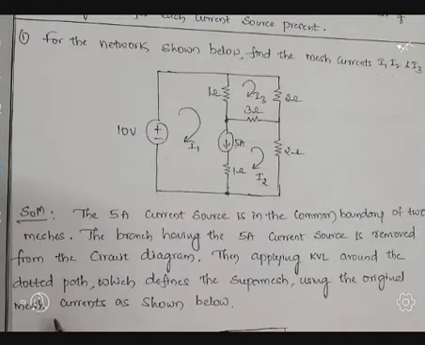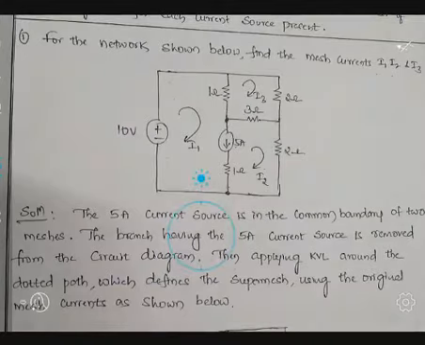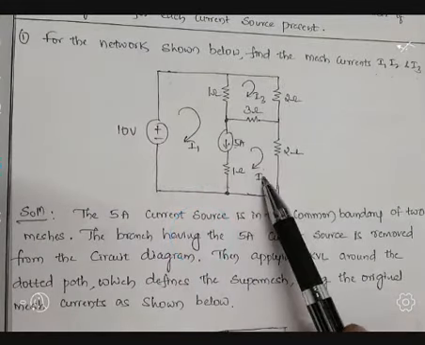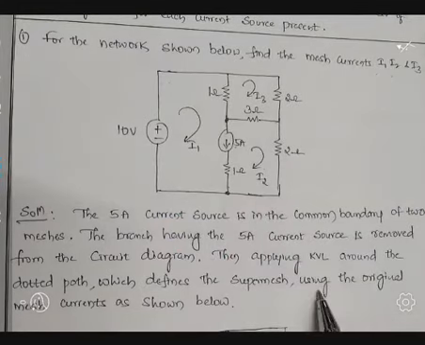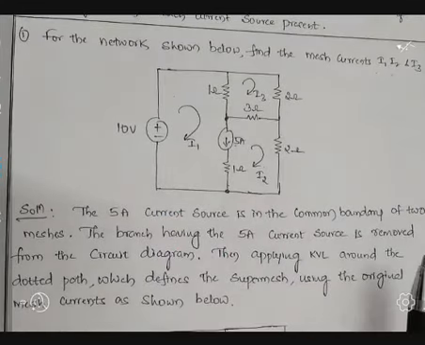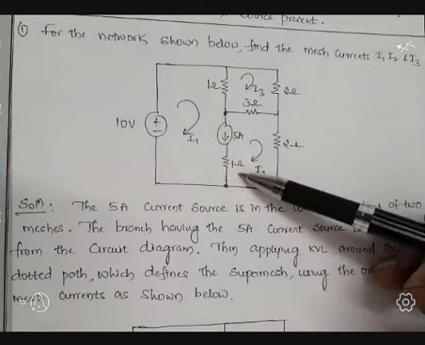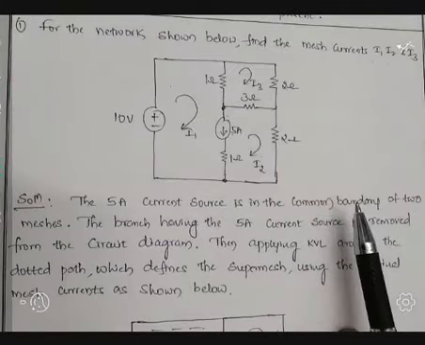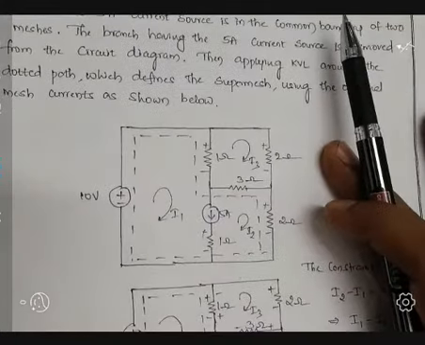In this area the current I1 is flowing. In this area current I2 is flowing. So the same thing is written here using the original mesh currents. After eliminating this branch containing the independent current source, the circuit becomes like this.